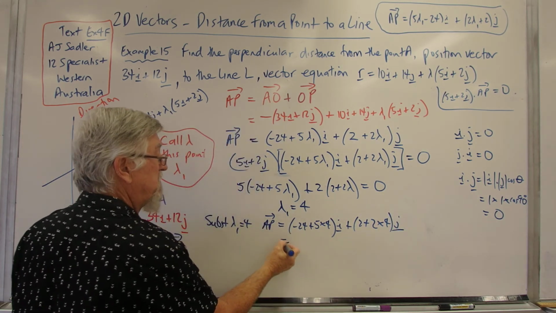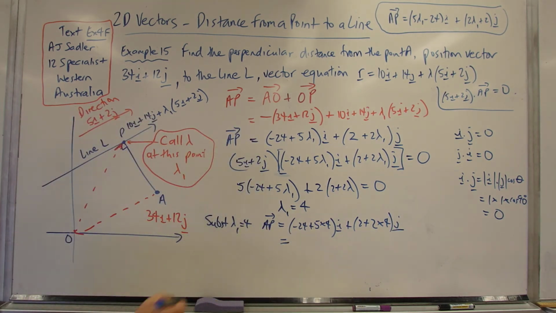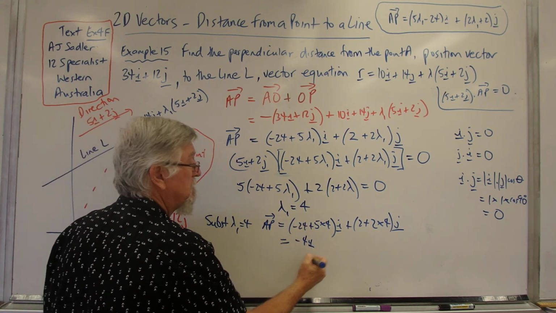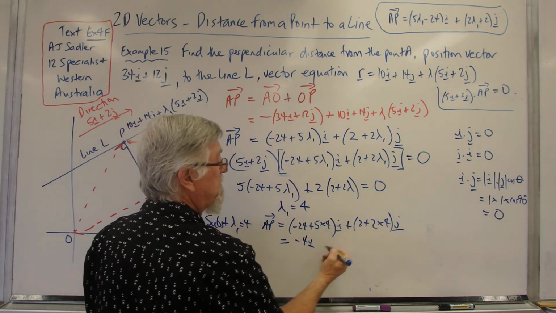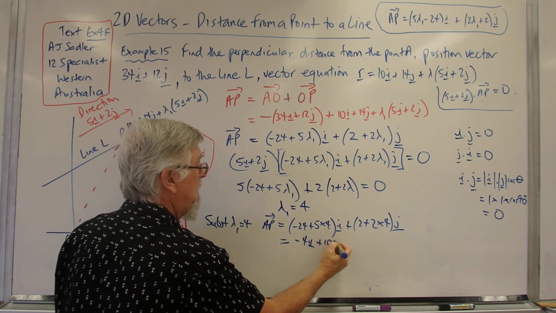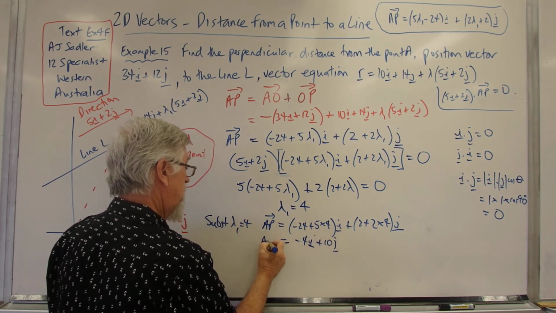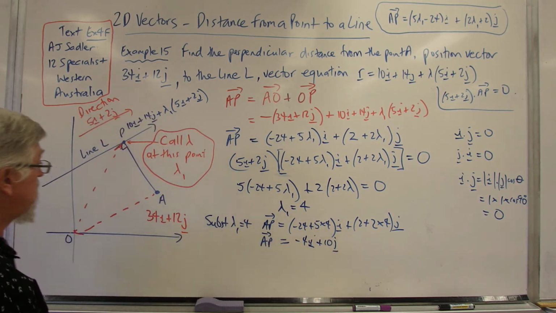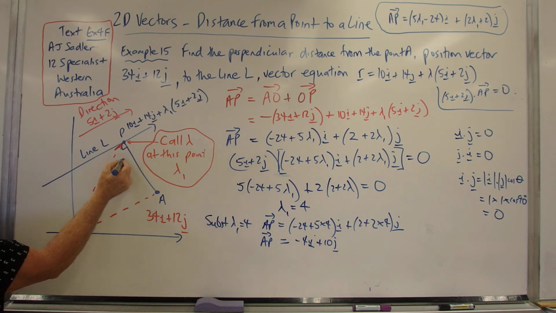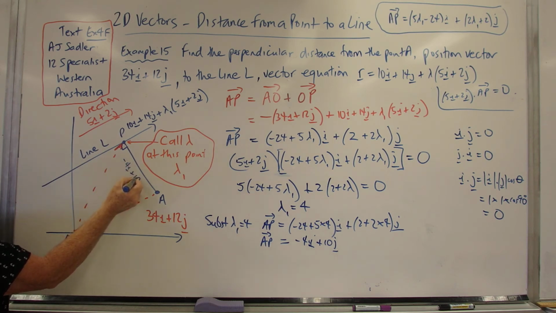So easy to make silly mistakes here, I'm trying hard. Minus 20, so that's minus 4i, and then we've got the 2 plus the 8, which is plus 10j. So what does that mean? It means that this vector here is minus 4i plus 10j.